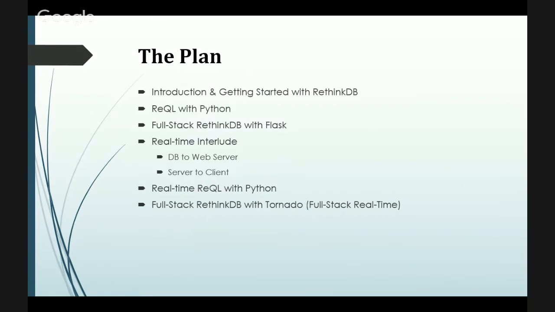And then we'll do a real-time ReQL with Python to show you some of the real-time functionality, and then do full stack RethinkDB with Tornado. I am new to Tornado, and please don't rip me apart when you see the code, because it's probably horrible, but it works. Tornado code never looks good, though. Doesn't it? Okay, well, it works mostly. So, okay, let's go to the next.